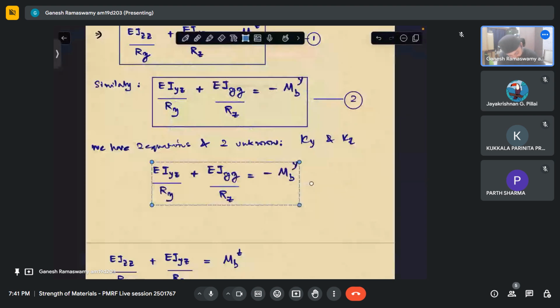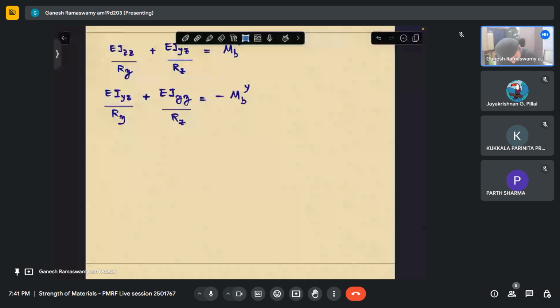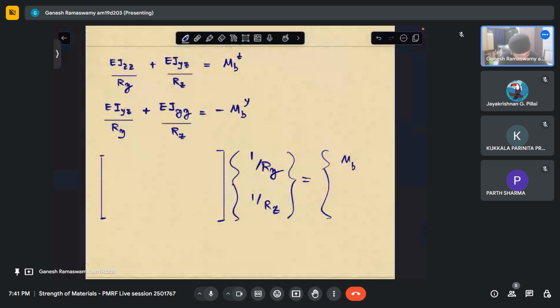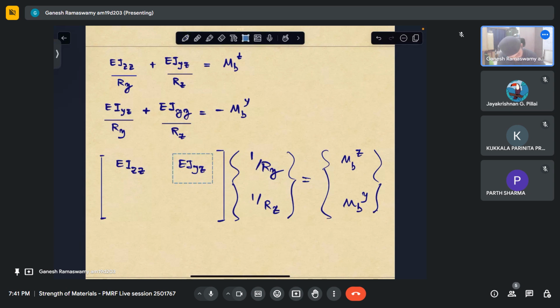So I can recast this as 1/Ry, 1/Rz equaling MBZ, MBY, and this will be EIZZ, EIYZ, same thing here, and this will be EIYY.